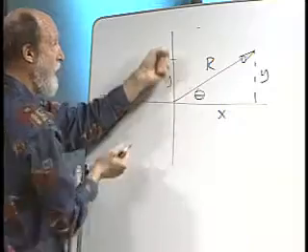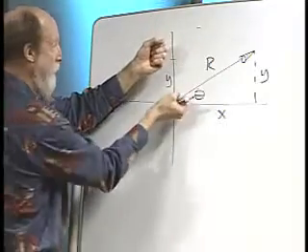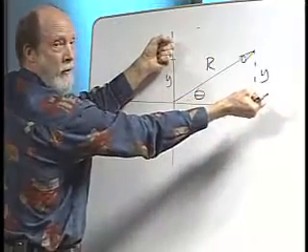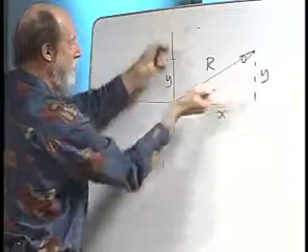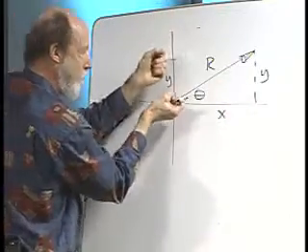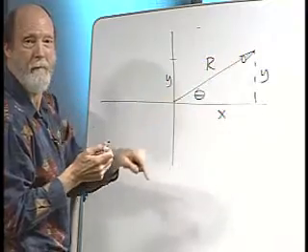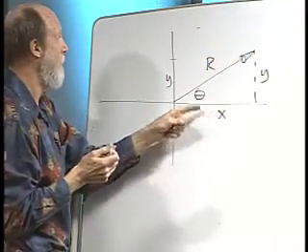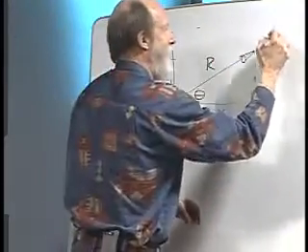Like if I was pulling up with 10 pounds and to the right with, say, 20 pounds, wouldn't that in effect be pulling on this location with 10 up and 20 that way, and give us a resultant force that way? What would that be?